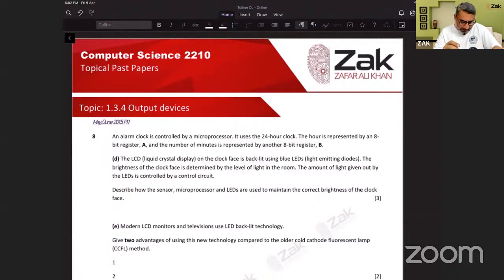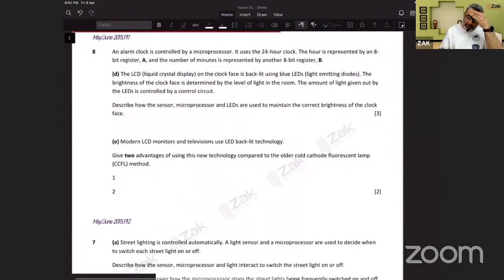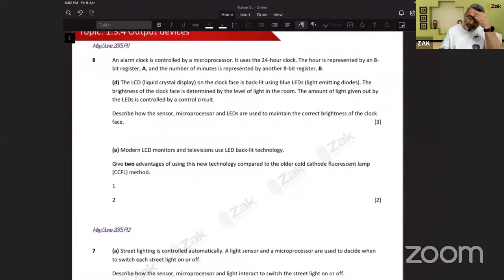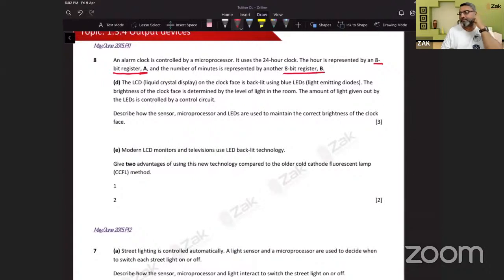Okay. An alarm clock is controlled by a microprocessor. It uses a 24 hours clock. The hour is represented by an 8-bit register A, and the number of minutes is represented by another 8-bit register B. The liquid crystal display on the clock face is backlit using LEDs, light emitting diodes.